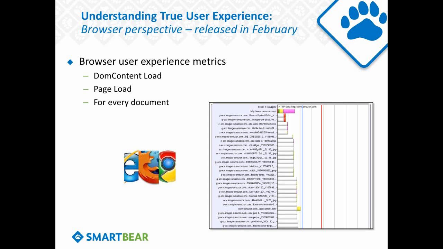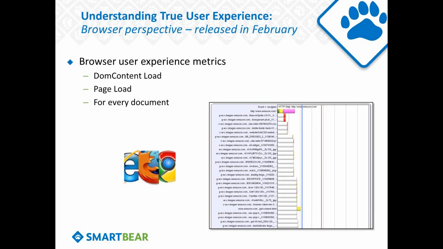But the browser emits signals as it's loading the web page. And if you look at that blue and red line in the full page chart here, that essentially indicates the DOM load and page load times as the resources are loading on the page.